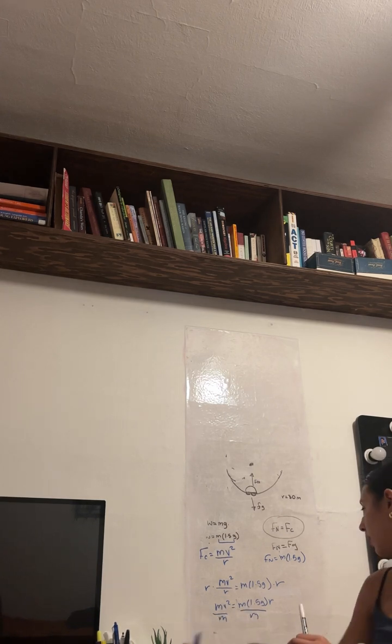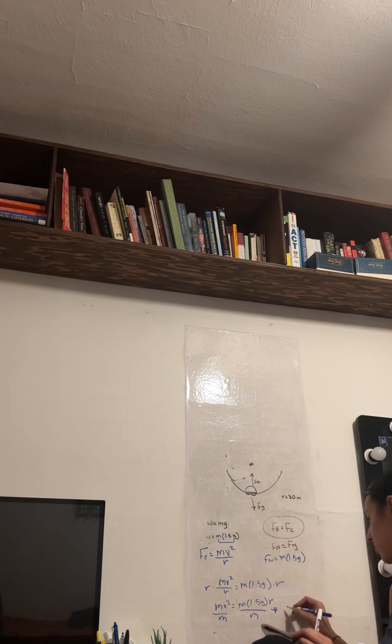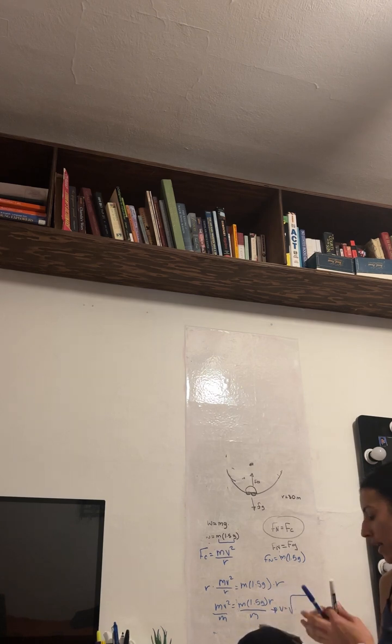Hopefully my leg is not blocking. Because we're going to have v squared equals this, so let's just go ahead and take the square root. And since we have m here and m here, again, like the last time, these cancel out. So we're just left with the square root of 1.5 g times r.